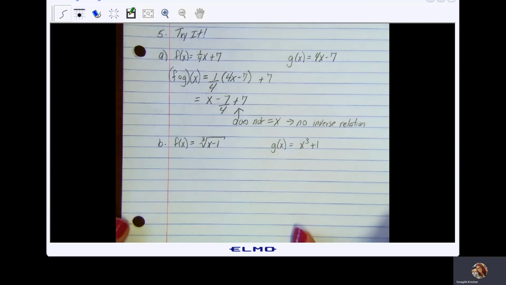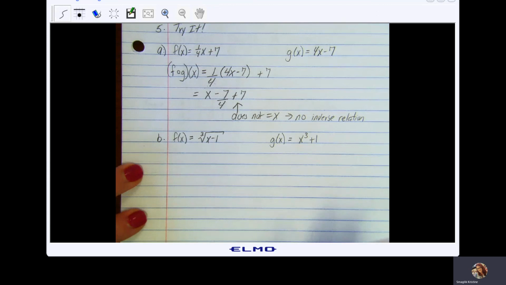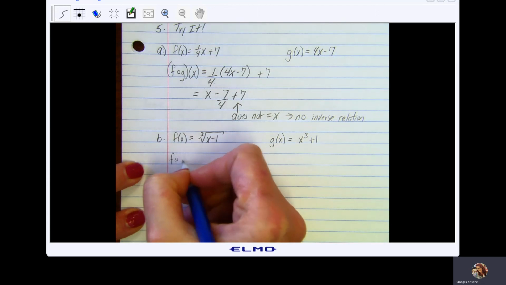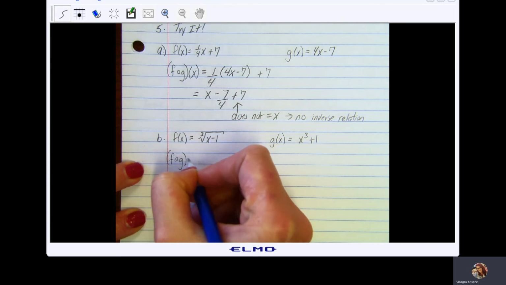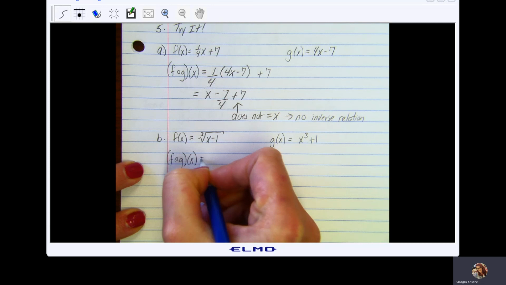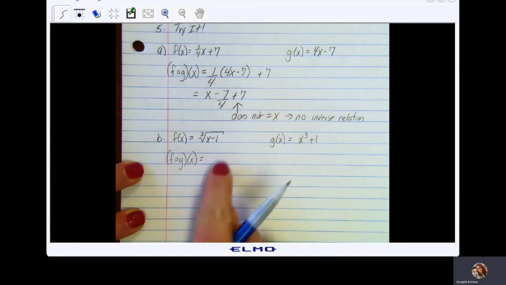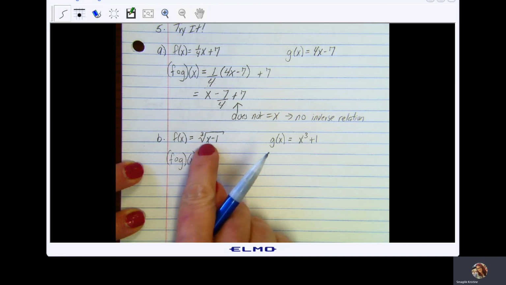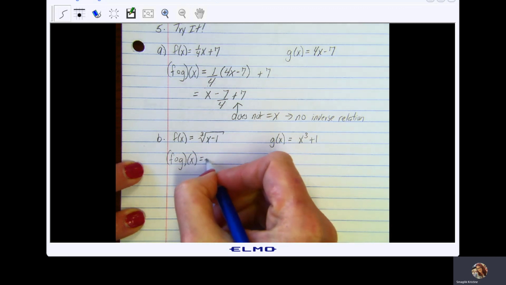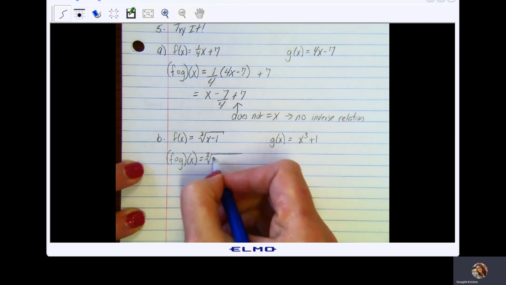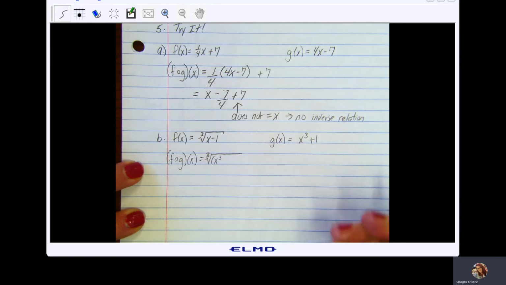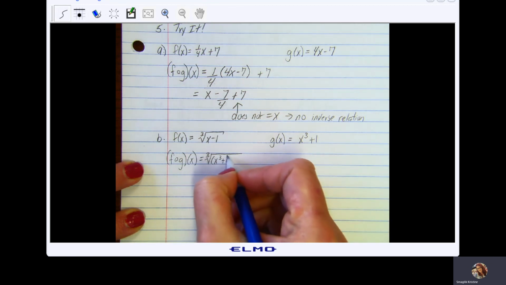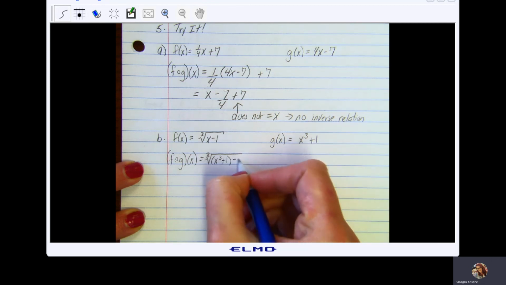Let's take a look at B. Start out with f of g of x. So again, I'll start out with my function f, and I'm going to input x cubed plus 1 wherever I have x. The cube root, my x is x to the 3rd plus 1 minus 1.